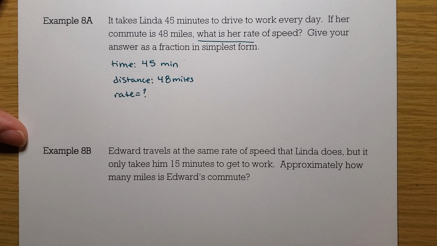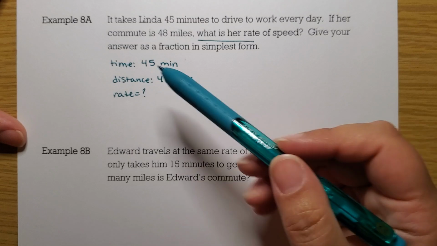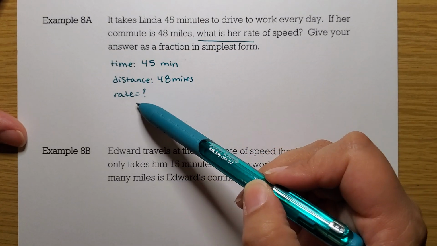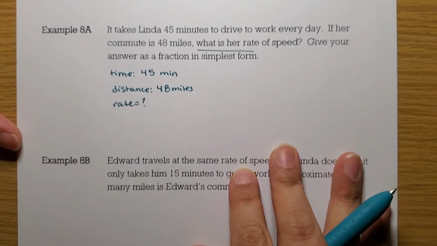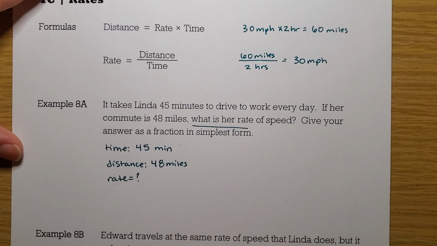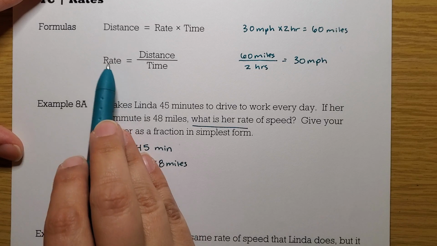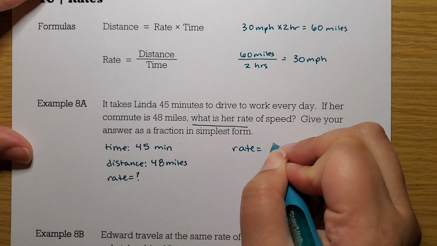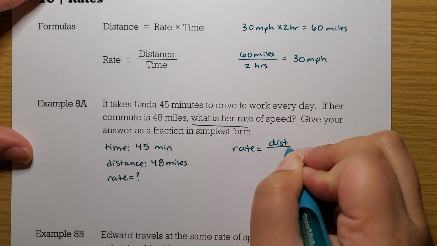That's totally fine. When I write this out on the side, though, I can see that I have time and distance, but I'm looking for rate. So since I'm looking for rate, I'm going to use the rate formula. So I have rate is going to be distance over time.